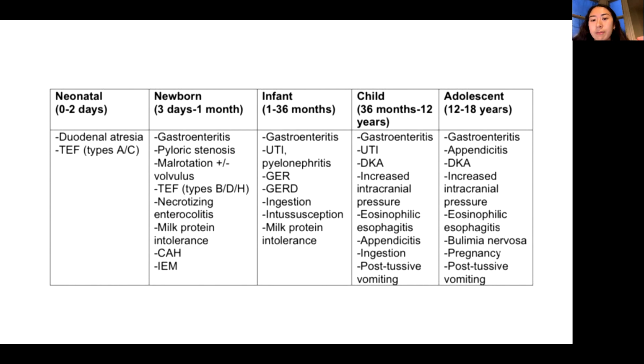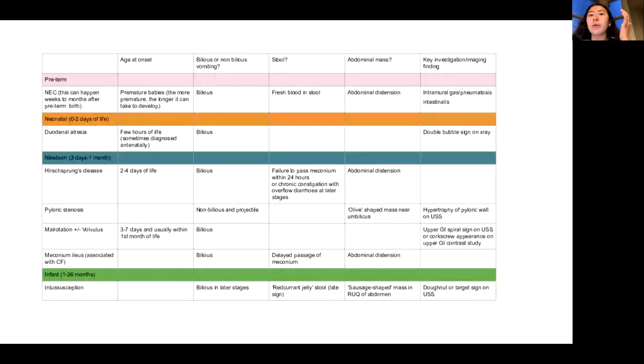And then I went one step further, and this table is not complete. I didn't have enough time to complete all of it, but I just thought, as a starting point, to make your life easier when thinking about vomiting, a table like this is quite helpful, because then you can see, okay, what age are we thinking this is most common at? What are the key things you're going to see in the history that will help you differentiate between different vomiting causes quickly? So, is it bilious, like I said?